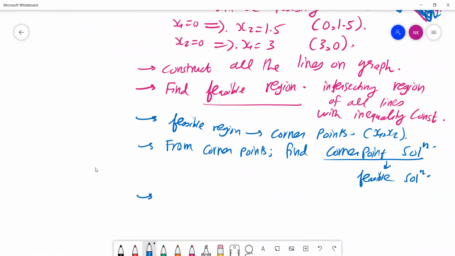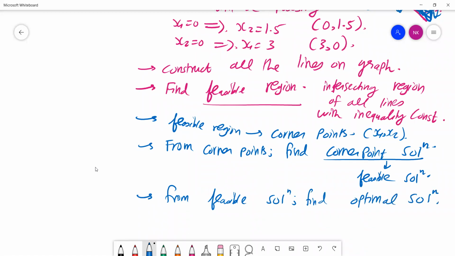From the feasible solution, if the problem is maximization, then select the maximum most solution. If the problem is minimization, select the minimum most solution. So from the feasible solution, find the optimal solution.